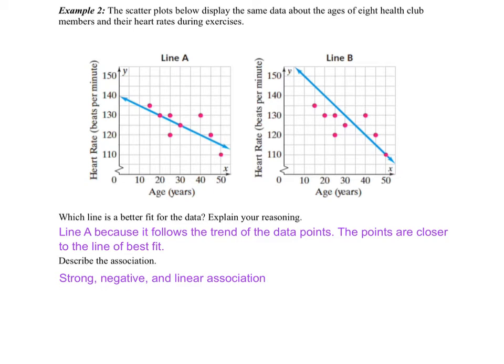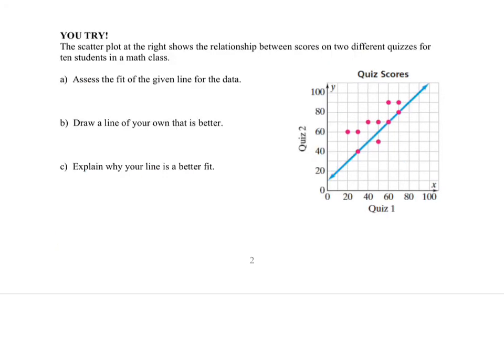So the association is strong, negative, and linear. Now after discussing some key terms and how to create a line of best fit, I would like you to do your first you try section and answer parts A, B, and C.